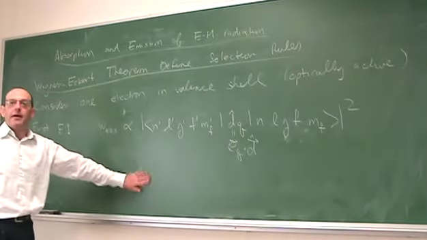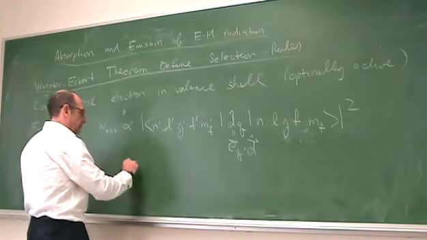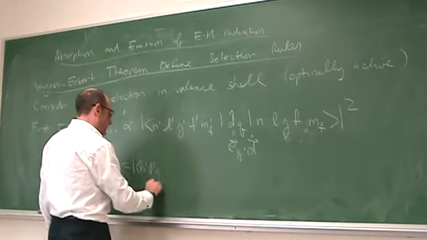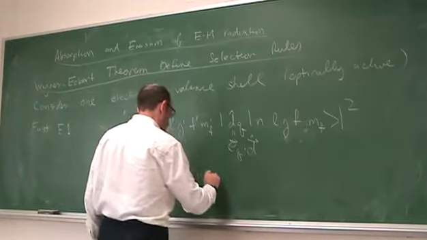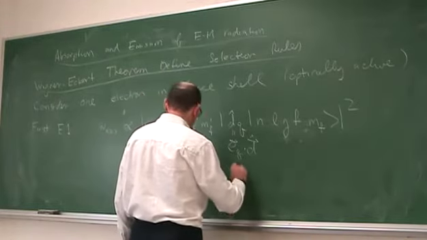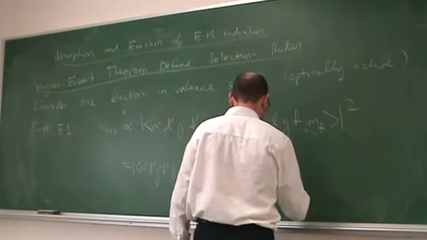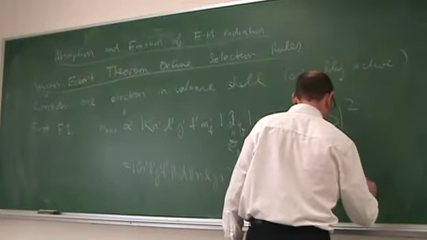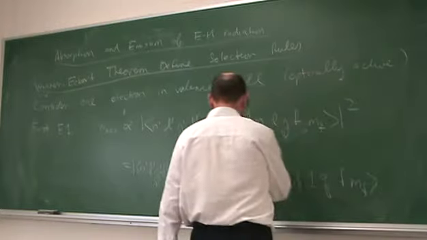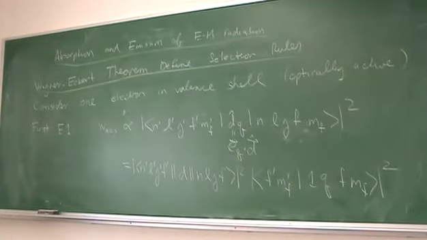What can we say about this? Well, from the Wigner-Eckhart theorem, this is equal to the square of the reduced matrix element times the Clebsch-Gordon coefficient. In fact, the rate of absorption depends on the square of that Clebsch-Gordon coefficient.